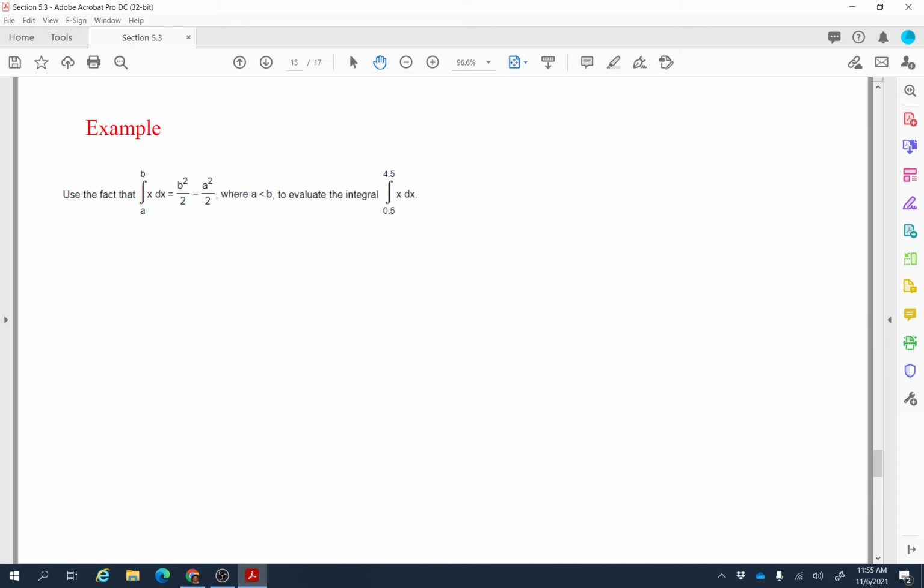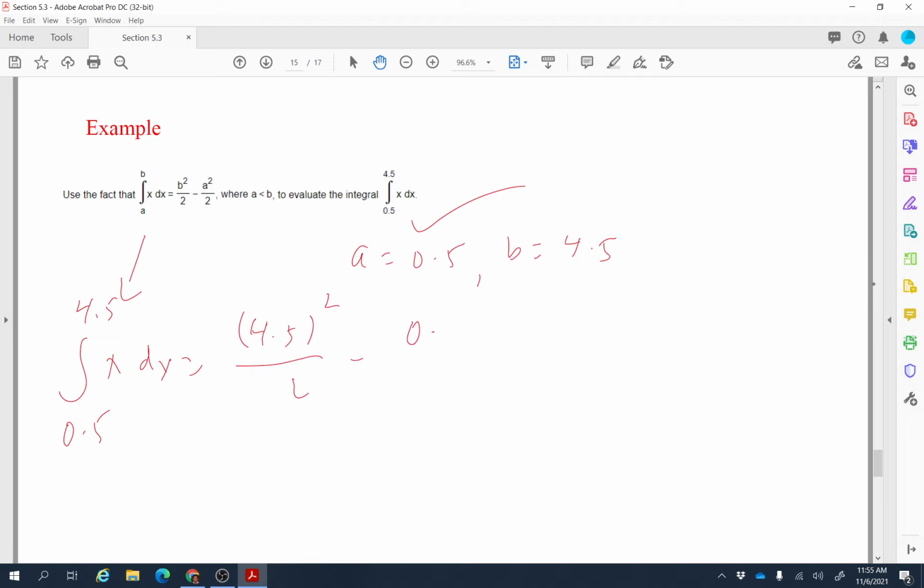Here we would like to find out this integration by using this formula. So just plug the value of a and b in this formula. So a is 0.5 and b is 4.5. Plug this value back in this formula, so that will give us from 0.5 to 4.5 of x dx, b square, which is 4.5 whole square, over 2 minus a square, which is 0.5 whole square, over 2.